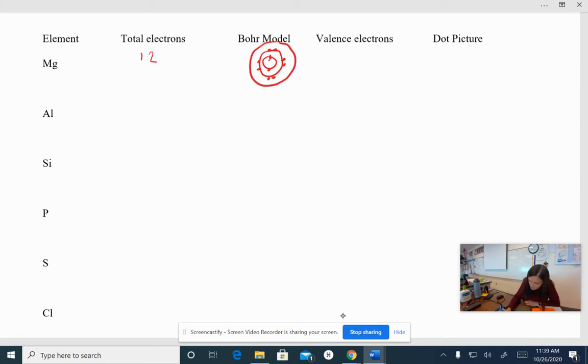And then I've got 2 on my outer shell. Remember, valence is just my outer shell, so I've got just 2 electrons there. So my dot picture for magnesium will give me just 2 electrons.